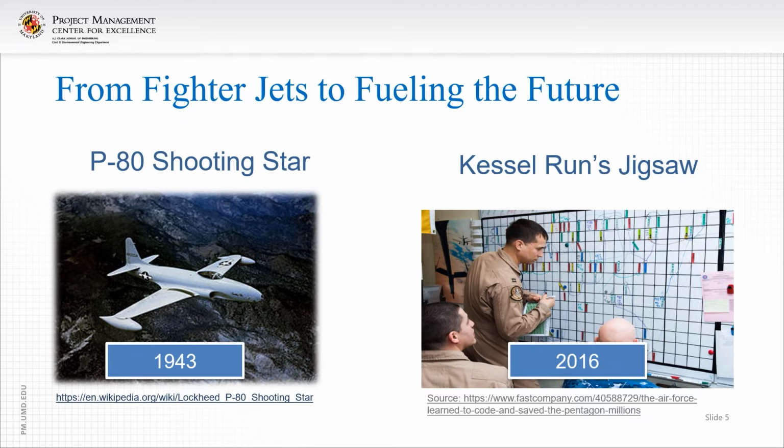And now these two projects were done, like I said, over 70 years apart, but they both use Agile, and they both are achieving incredible return on investment by leveraging the principles of Agile that we just talked about.